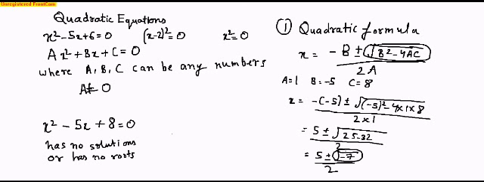On the other hand, if b square minus 4ac is 0 or positive, then the equation does have solutions. So what we realize is that if b square minus 4ac is negative, or less than 0, then the equation has no roots.